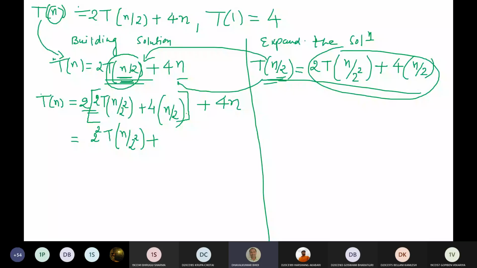These 2 and these 2 get cancelled out. So what will remain here? 4n plus 4n. Okay. Now what are we getting here? T of n divided by 2 square.